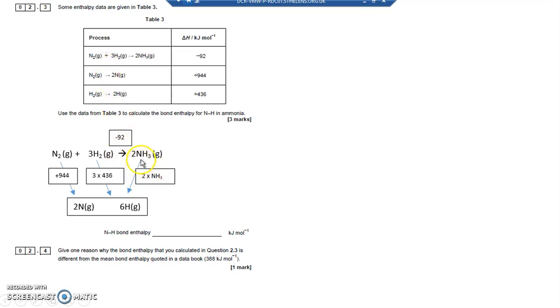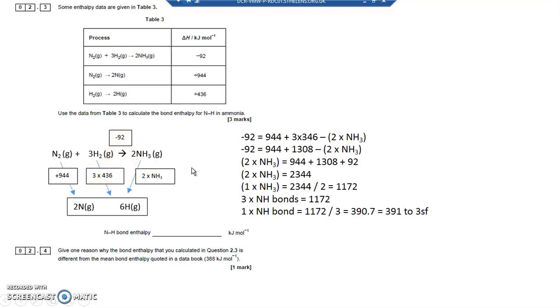And I'll need to work out this value, NH3 to N plus 3H. Actually 2NH3 to 2N plus 6H. So this is my missing piece here. So -92 is 944, it's going in the right direction, plus 3 times 436, and I want to work out what this value here is. It's going in the other direction, minus 2 times NH3, because that arrow needs to go in this direction.